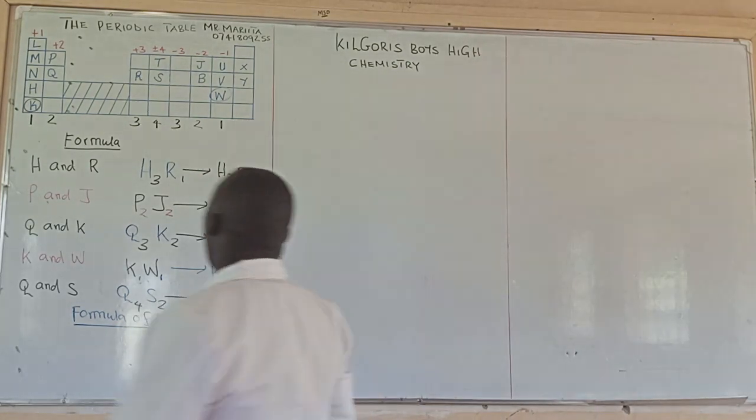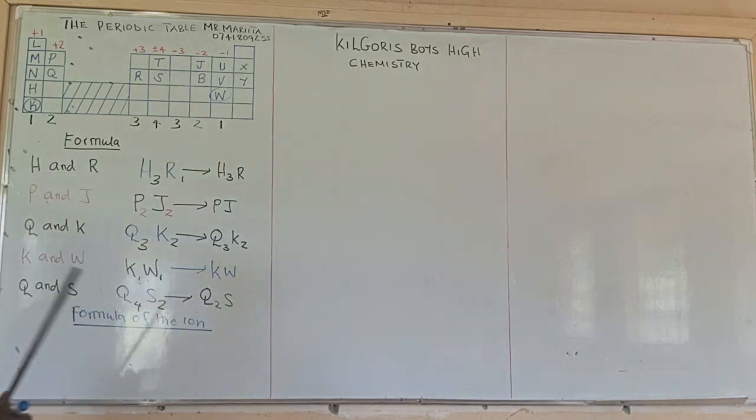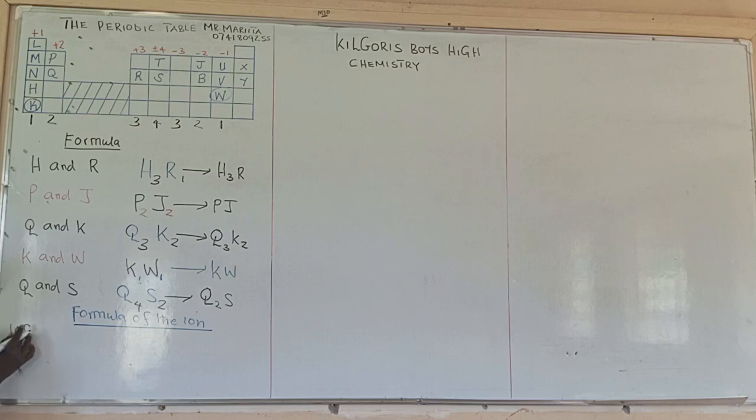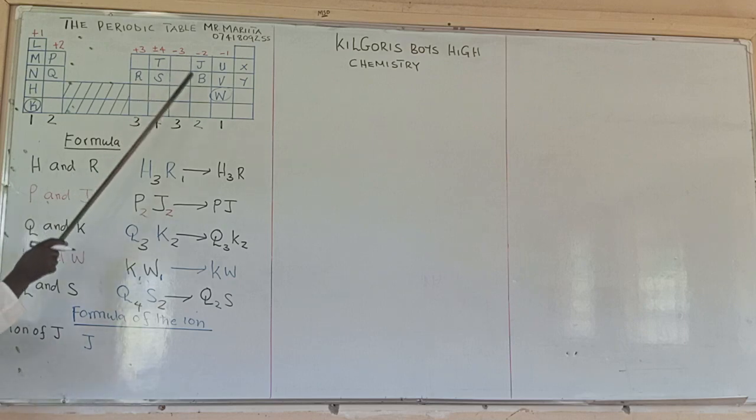Suppose now you have been told to write the formula of the ion formed by element J, this J here. So we say the ion of element J. How do you write this one here? You just pick this element J, so you have this one as J. On top of this J, it has negative 2.